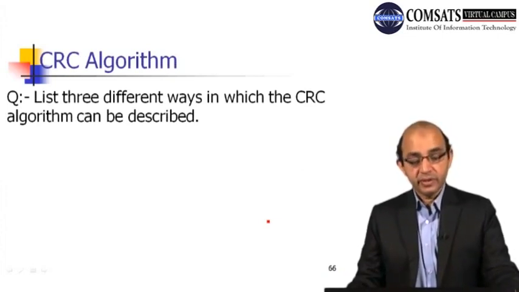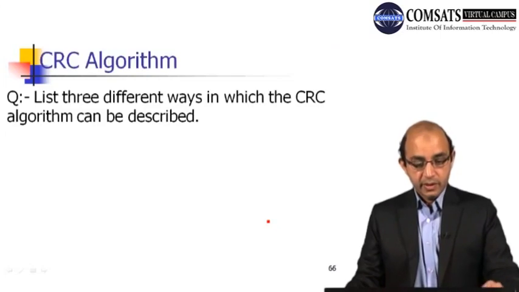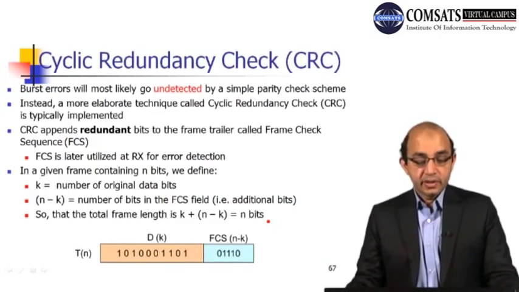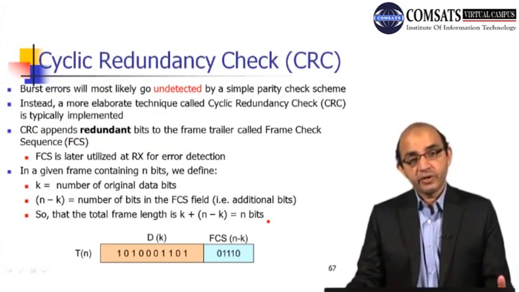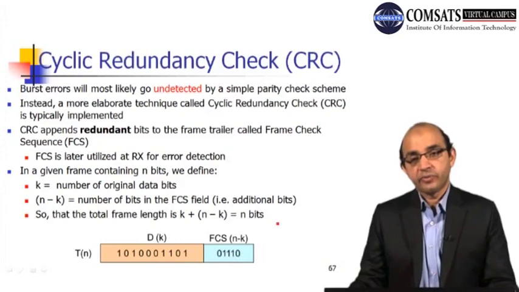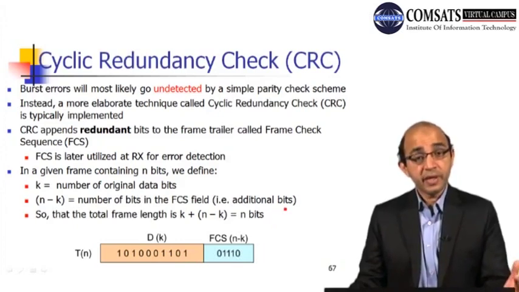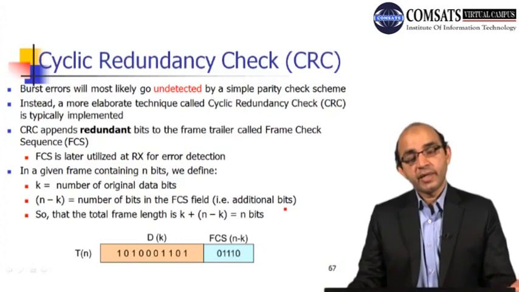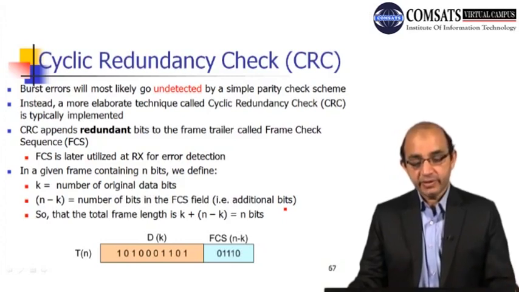Now we have to mention the ways in which the CRC algorithm can be described. Let's talk about CRC. Burst errors will most likely go undetected by simple schemes. For example, when we are sending data with a higher bit rate, we are sending more bits in a signal, so the baud rate is less and the bit rate is on the higher side.